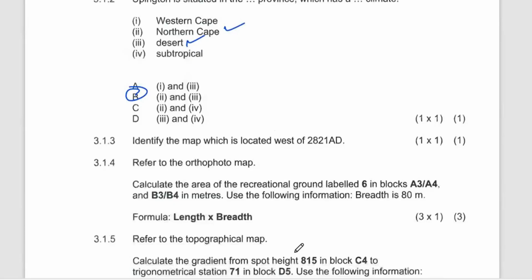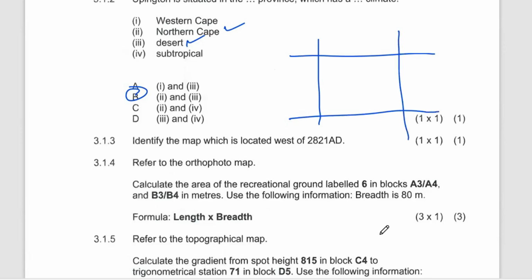Identify the map which is located west of 2821 AD. Here you are doing your map referencing. Remember, we must draw our referencing like that. Our 28 is for latitude, so this is 28 degrees, and this is going to be 29, and this is going to be 21, and this is going to be 22.